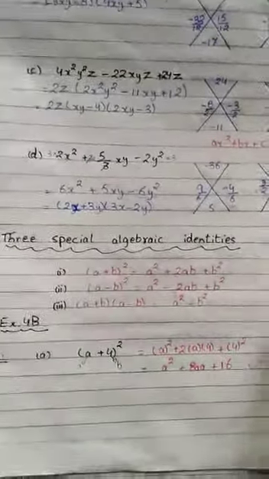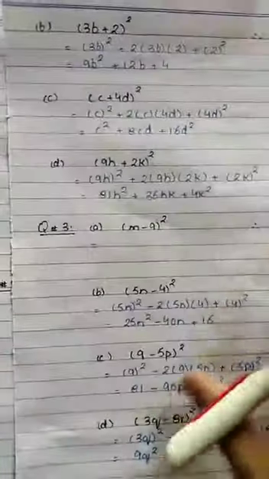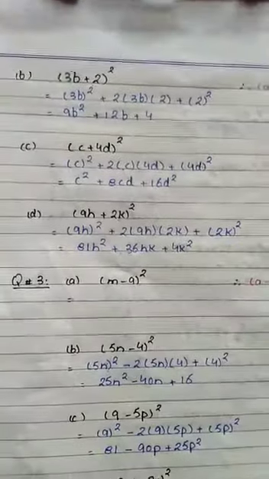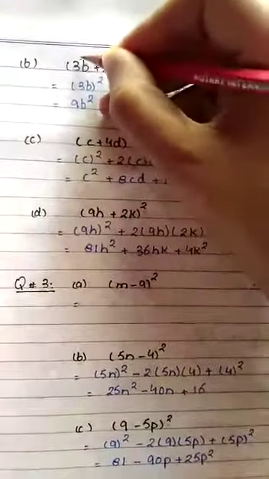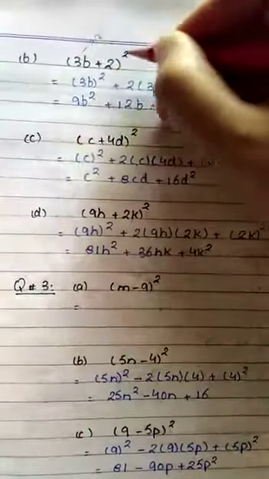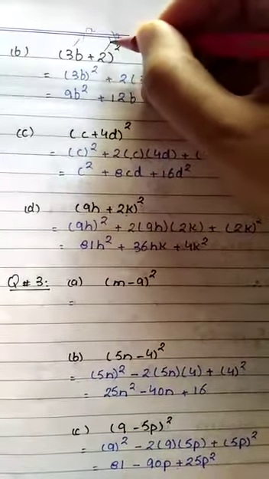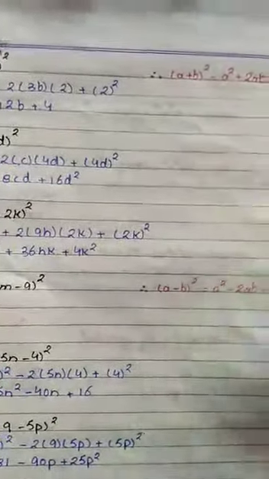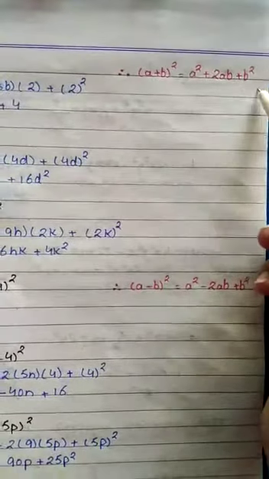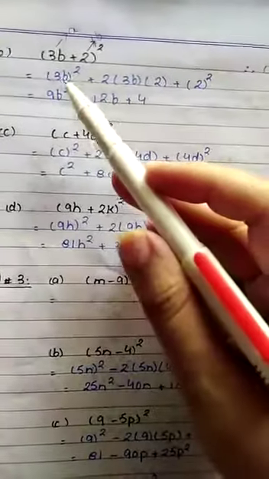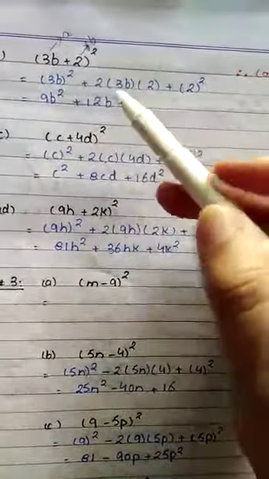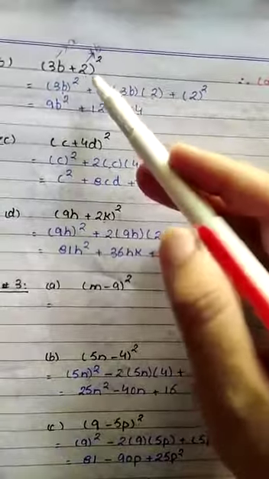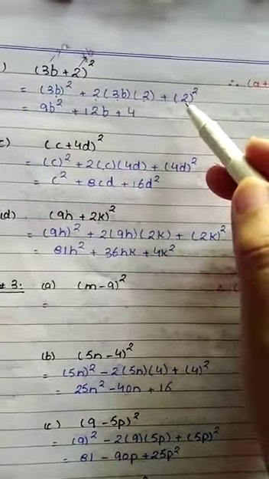So let's come to the other parts. Part B, 3b plus 2 whole square. As I told you, the first term denominates the value of a and the second term denominates the value of b. And the identity is a plus b whole square is equal to a square plus 2ab plus b square. So first you will take the value of a square, which is 3b. Okay, a square plus 2ab, b is 2, and then the value of b square.